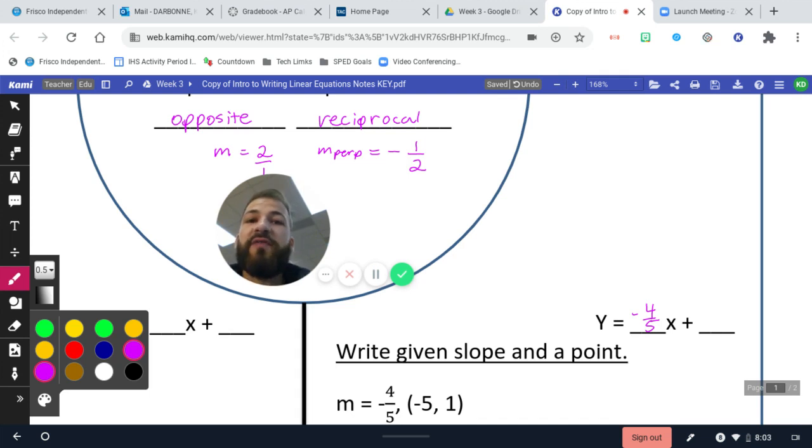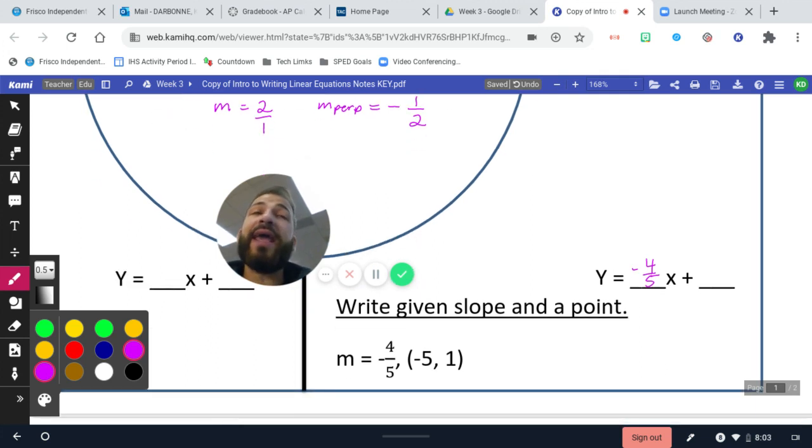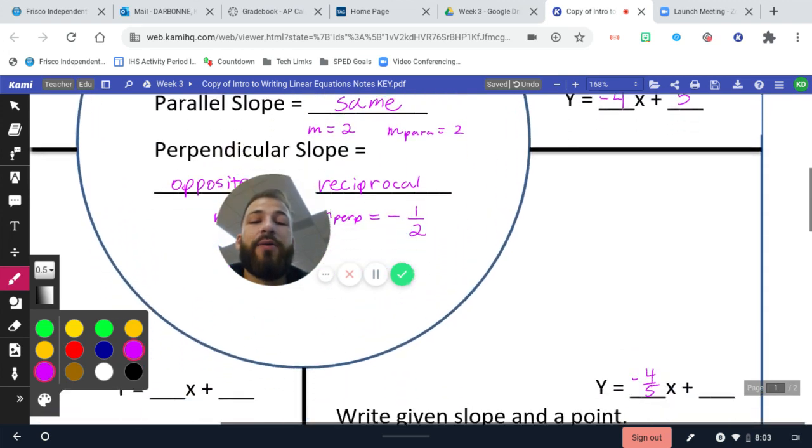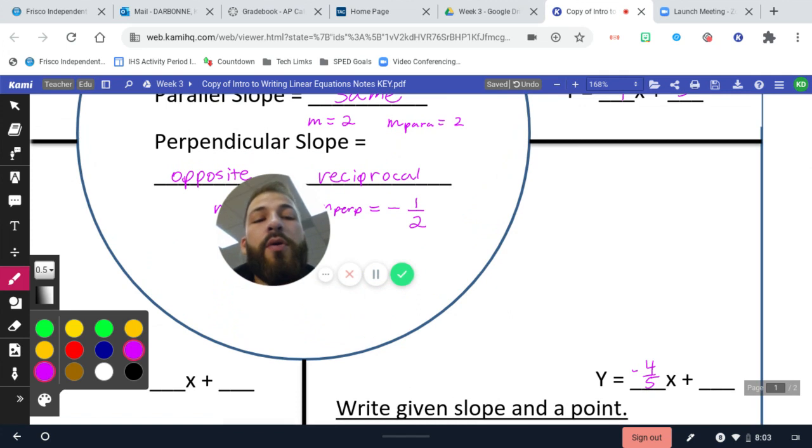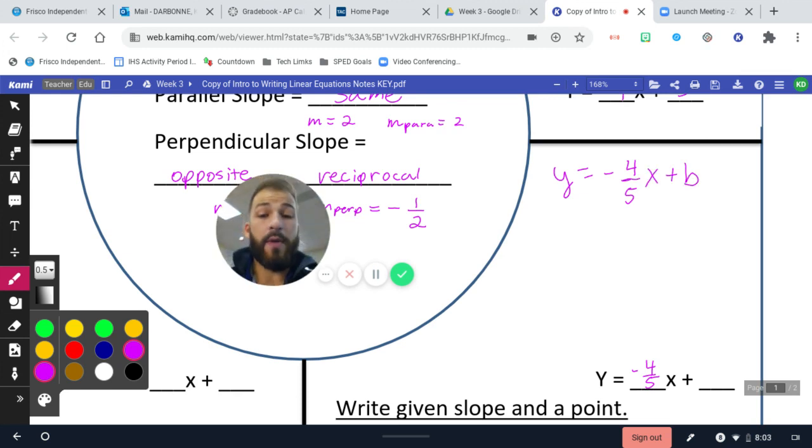When solving for a y-intercept, I can plug an x and y value into my equation, because really, what I have with this information is y is equal to negative 4 over 5 x plus b. Now, x and y are always going to be x and y. I want to have them in my final equation, but I don't know b.